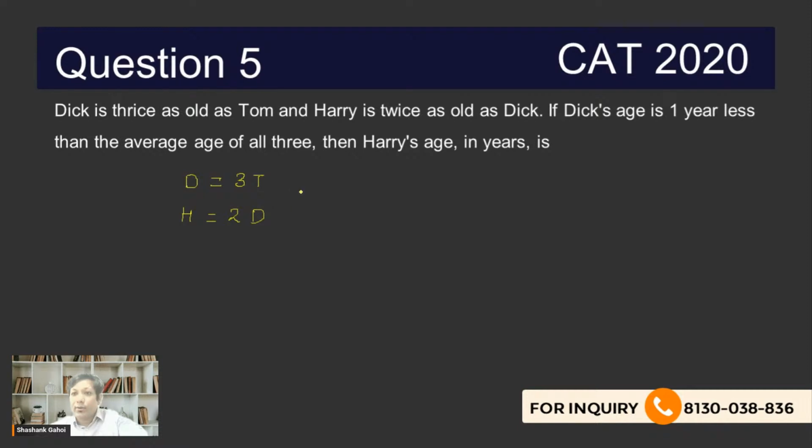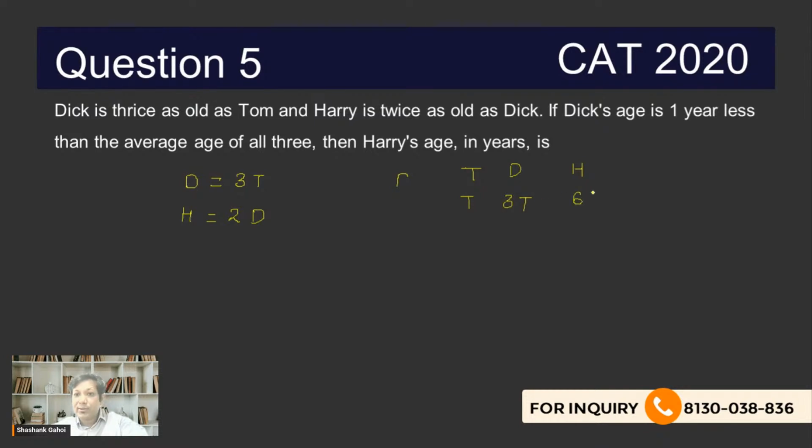Dick's age is 1 year less than the average age of all three. I'm looking for the average age. So I have Tom, Dick, and Harry. Age of Tom is t, age of Dick is 3t, age of Harry is 2D.